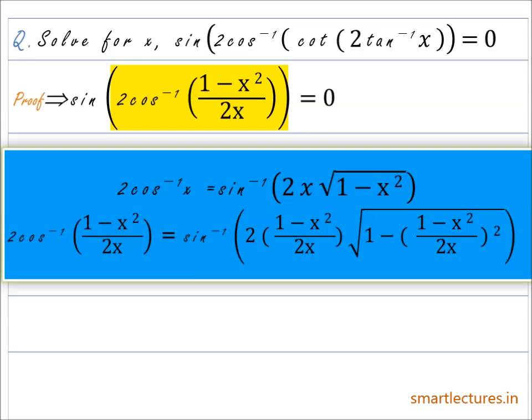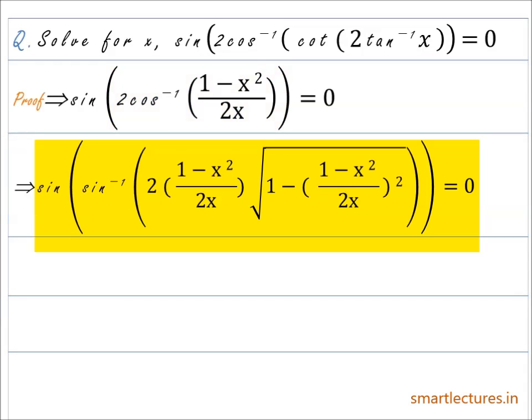So now this equation can be also written as sine of sine inverse 2 into 1 minus x square upon 2x into square root of 1 minus x square upon 2x whole squared is equal to 0.